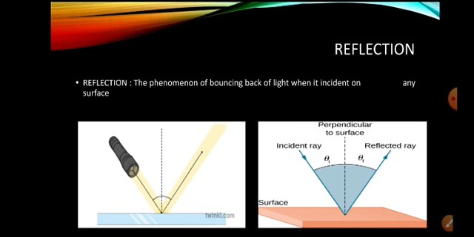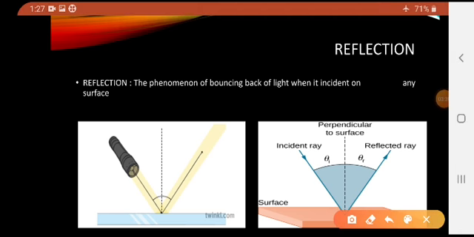When light is incident on any surface, some surfaces are transparent, some surfaces are opaque, and from any surface the light ray that bounces back into the same medium is called reflection. Here, the light ray is coming from the torchlight and falls on this surface.